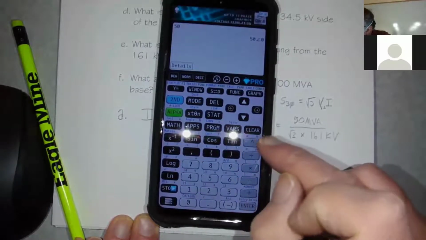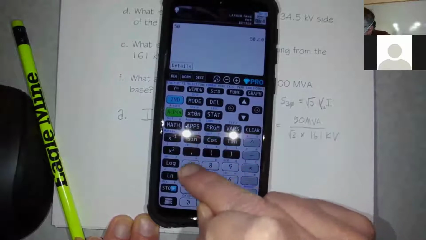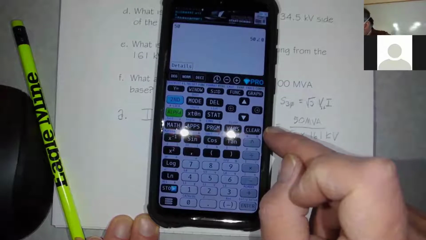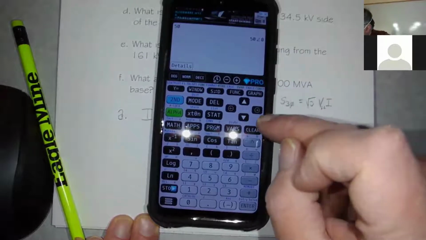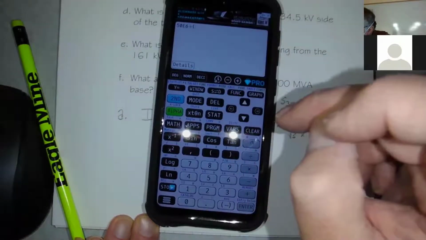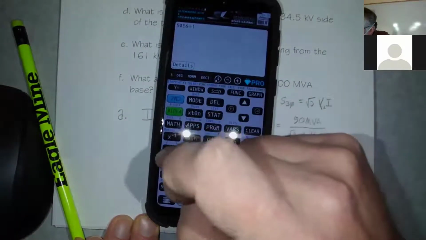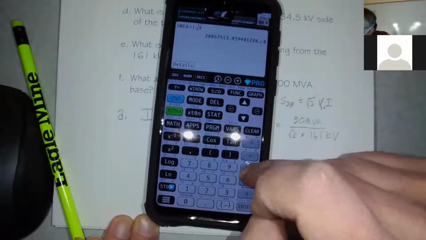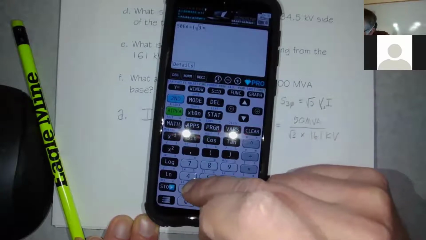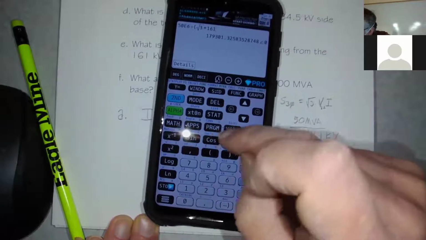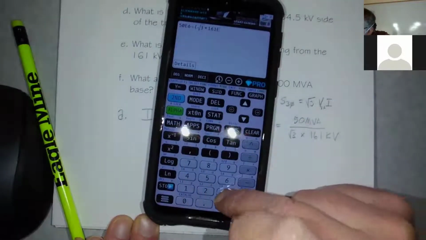So that's 10 to the 6, divided by parentheses, square root of 3 times 161, and that's 10 to the third.